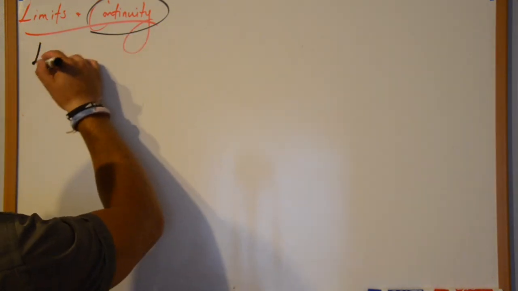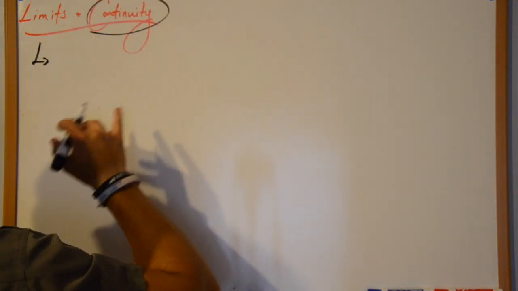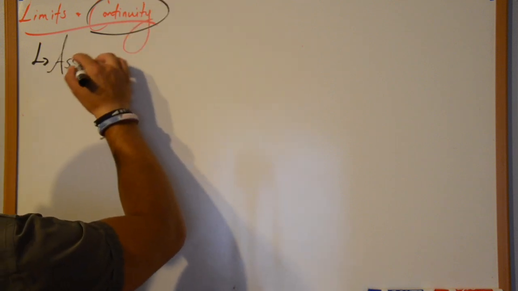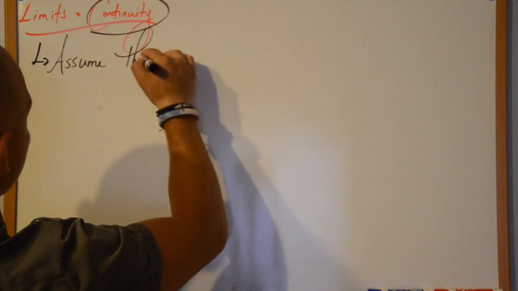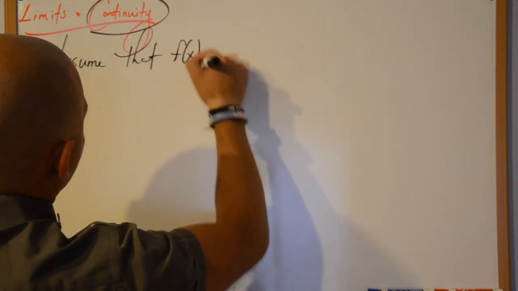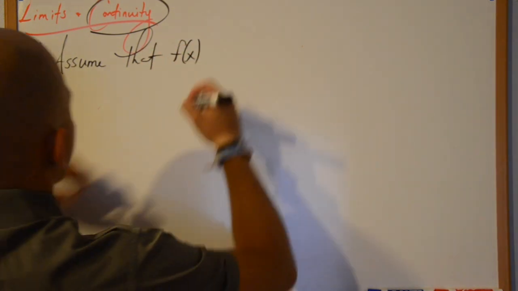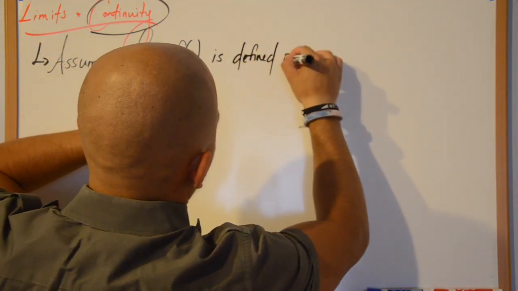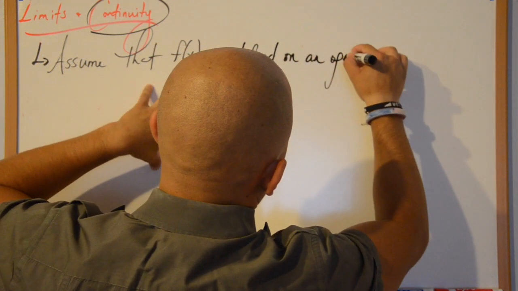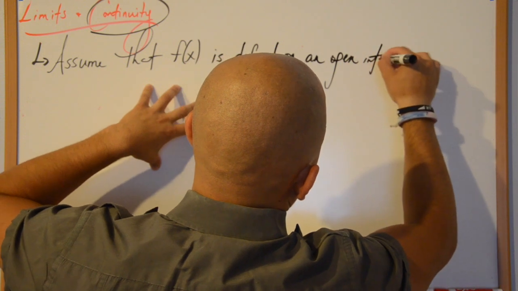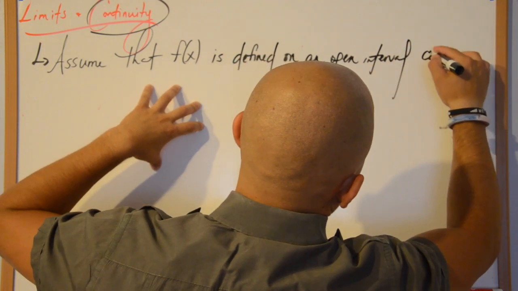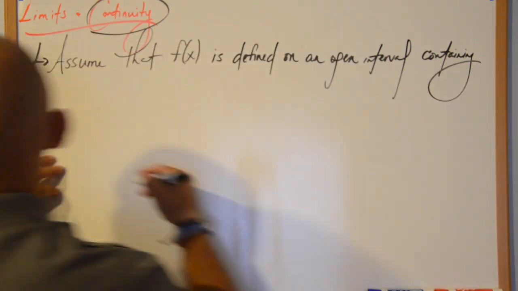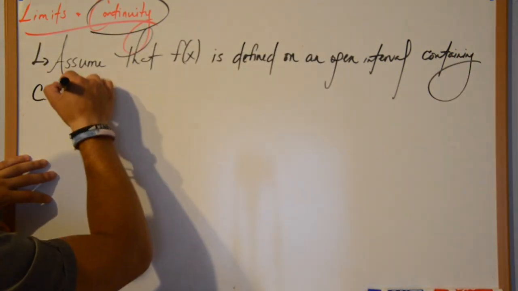So let's create a definition of continuity that can assist us moving forward. Alright, so we're defining continuity. Since I circled it, I'm not going to rewrite it, considering I don't have much board space. But assume that f of x is defined on an open interval containing c.